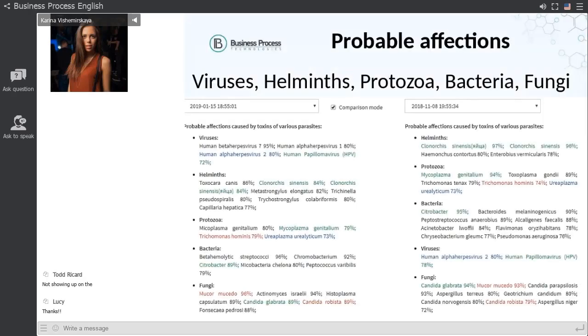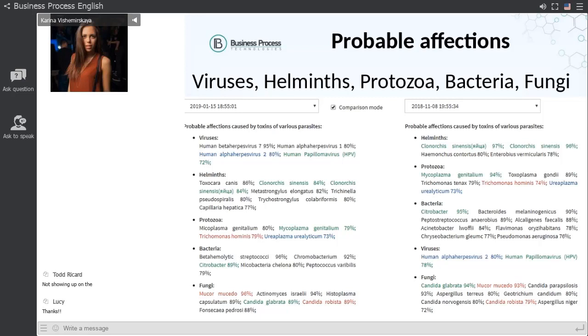Okay, the next page of our report. It's downloading. Okay. Probable infection. On this page, we can see viruses, helminths, protozoa, bacteria, and fungi. In this picture, I showed you comparison modes to explain a very interesting thing.